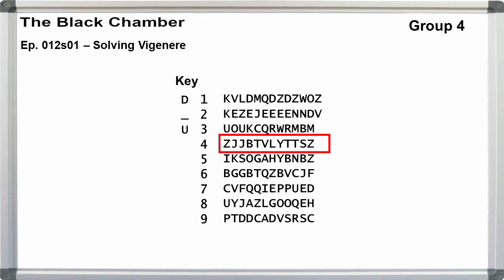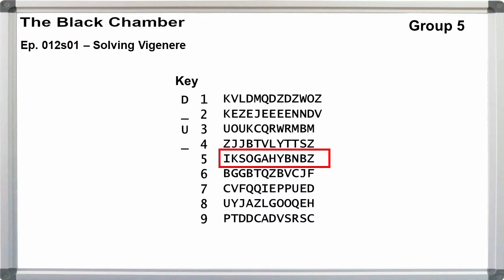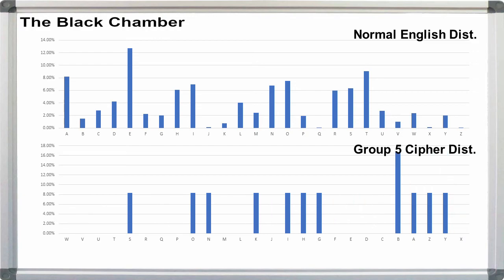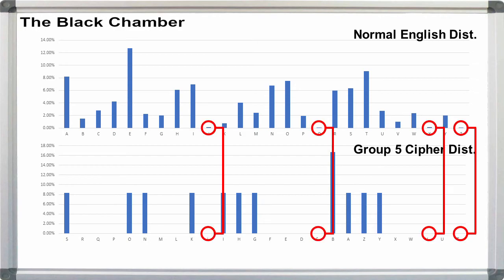Group 4. Not great. Skip. Group 5. Another broken comb. But what happens when we try lining up the valleys with what we expect to be really low-frequency letters like J, X, and Z?